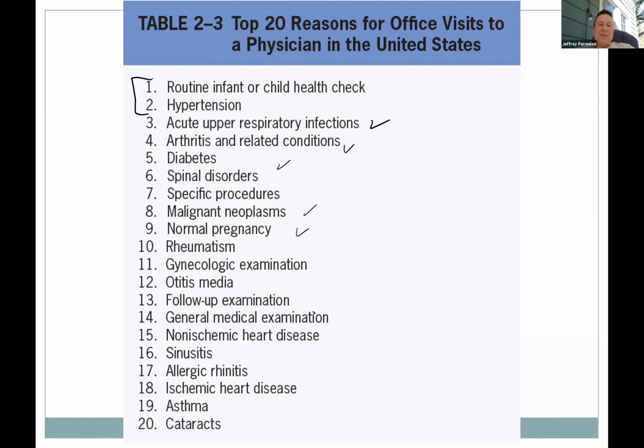Normal pregnancy is up there, a gyno exam. This is a middle ear infection. A lot of babies will have tubes put in their ears, things like that. And allergies and sinus infection. So that's what we're looking at if you look at why people make an appointment.